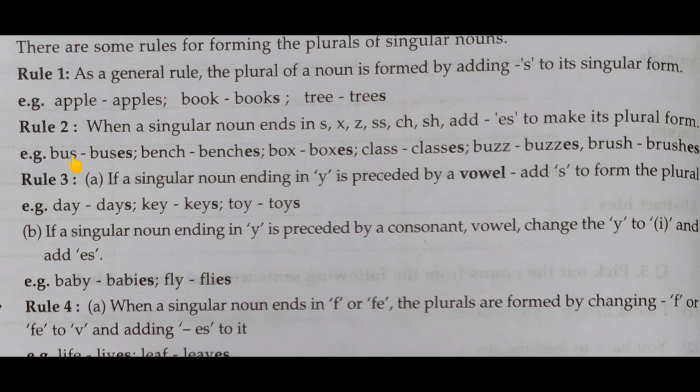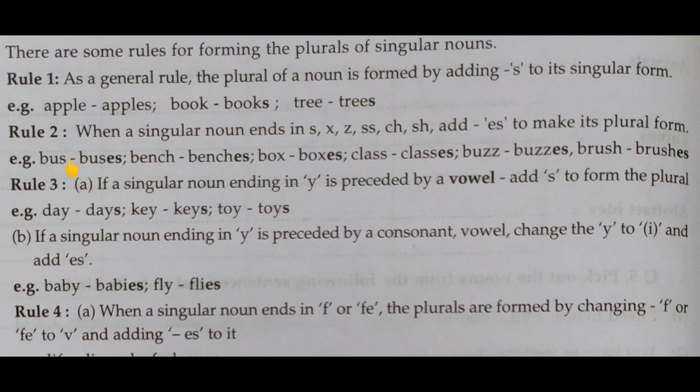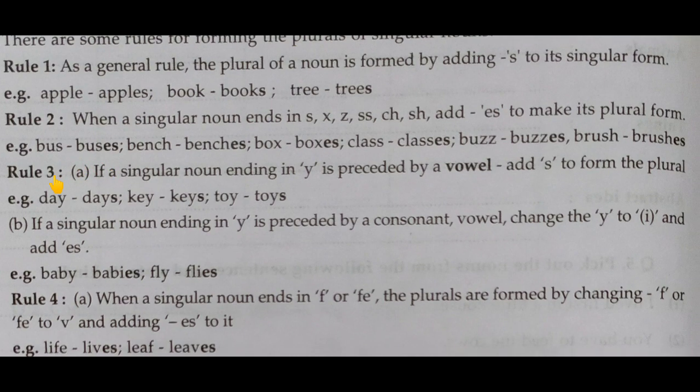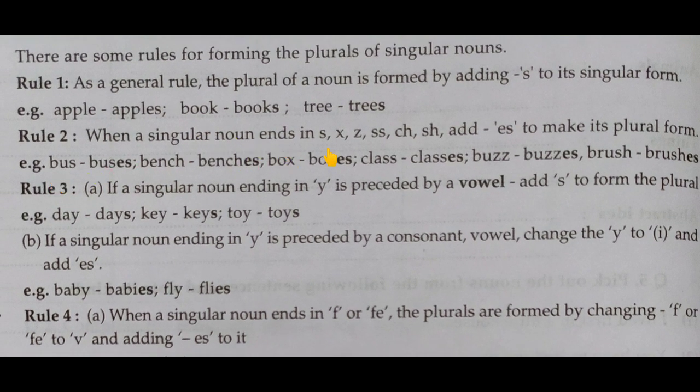For a single bus we use bus, and for two or three buses we use buses, means its plural form. So here the word ends with s. The rule says if the word ends with s, then add es to it. When the word ends with ch, here the word is bench.